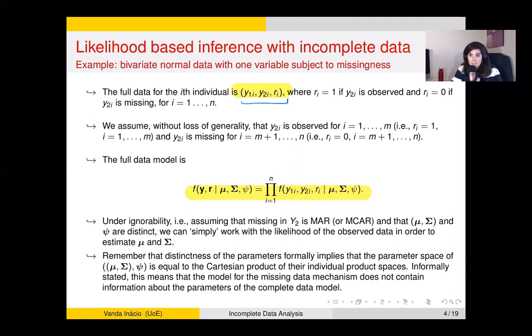But basically and informally stated, as I mentioned at the beginning of the video, this means that the model for the missing data mechanism does not contain information about the parameters of the complete data model.